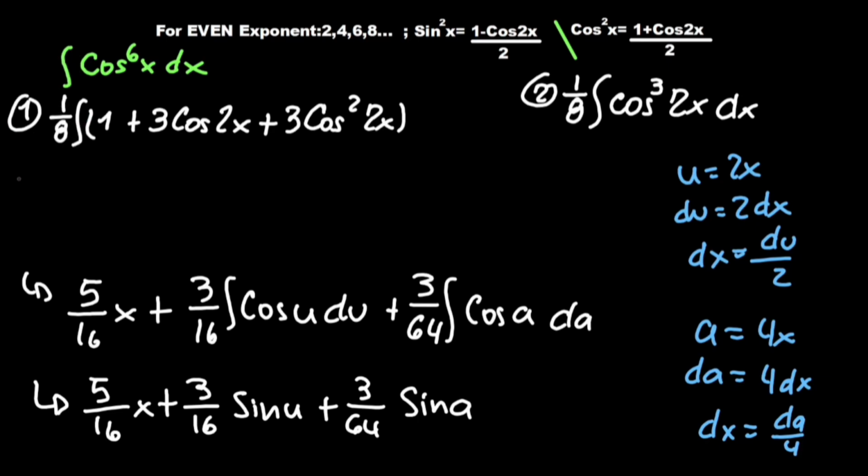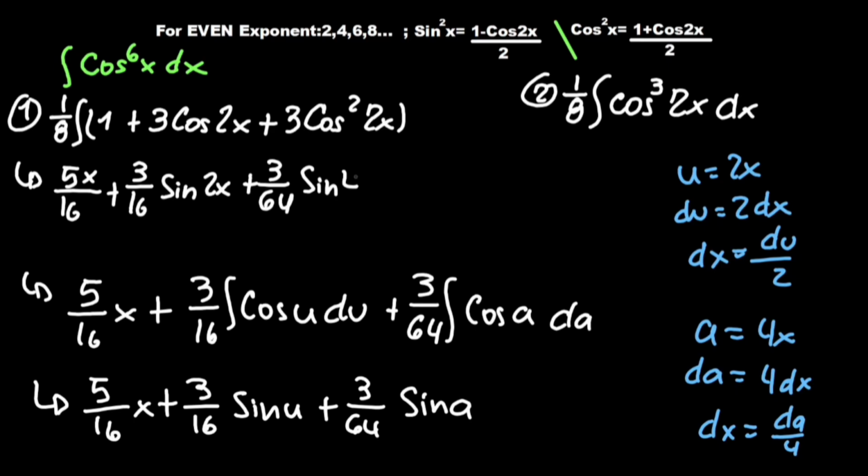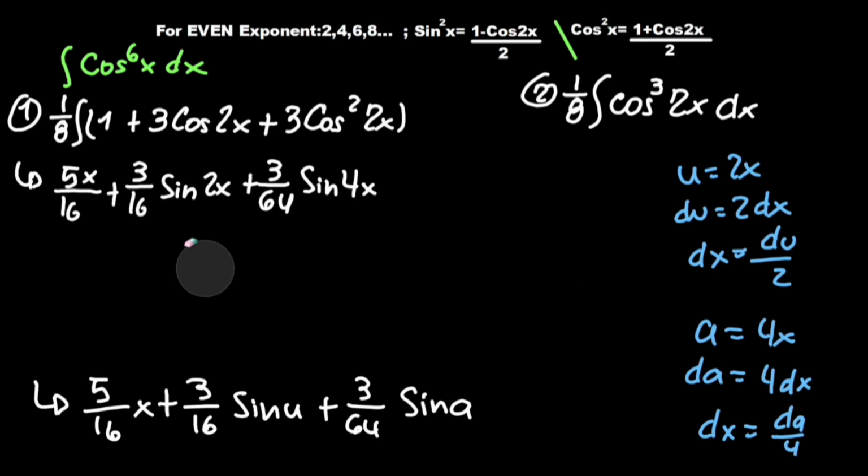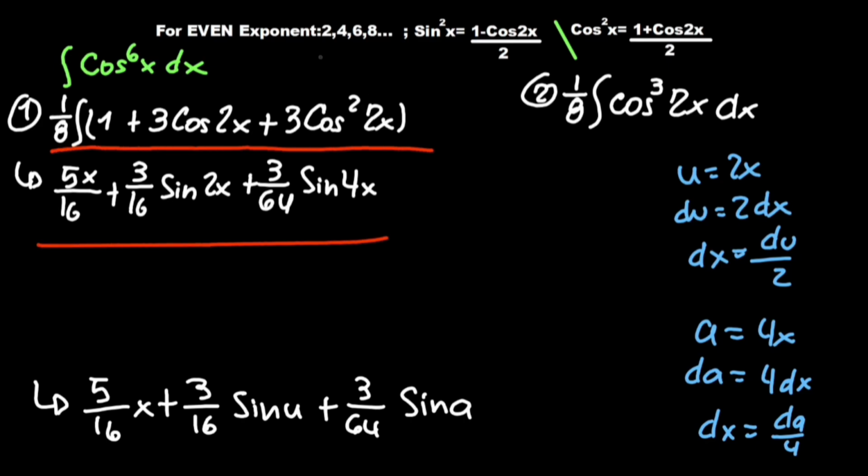And so by putting the variables into their form now, we would have the answer of 5/16 of x, or this can be 5x over 16, plus 3/16 of sine u, here is 2x, plus 3/64 sine a, here is 4x. And so this is the answer for this particular integral.